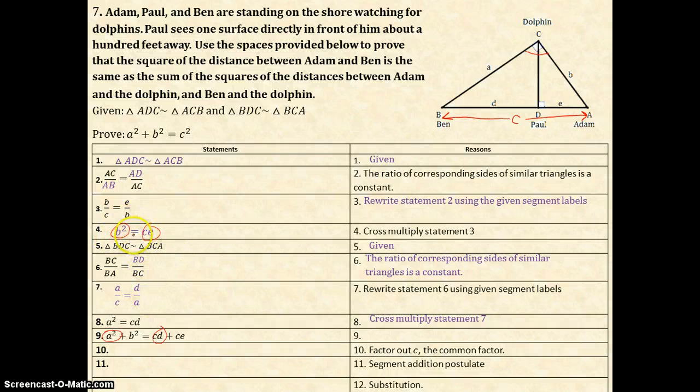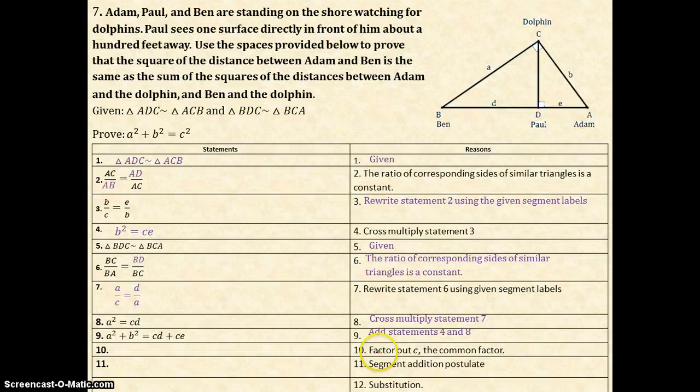So are we allowed to add 2 equations and get another equation? The answer is yes. You're definitely allowed to do that. It's like one of the most important things you do in algebra. So we're going to add statements 4 and 8 together to get this statement.